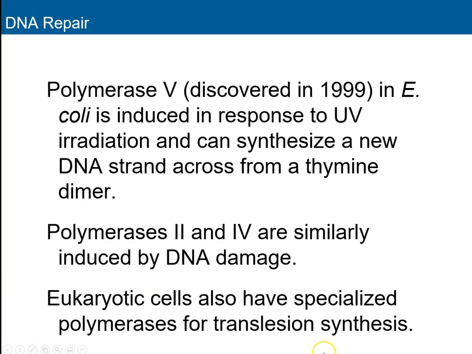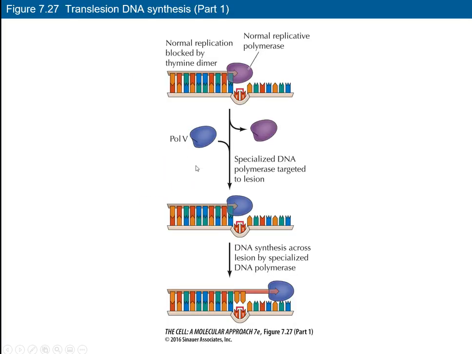Okay, so eukaryotic cells also have specialized polymerases for translesion synthesis. These are particularly in E. coli. All right, so this is just showing you a picture of this. Here's your thymine dimer, here's your normal polymerase. If it reaches this thymine dimer, it's not going to be able to synthesize across.